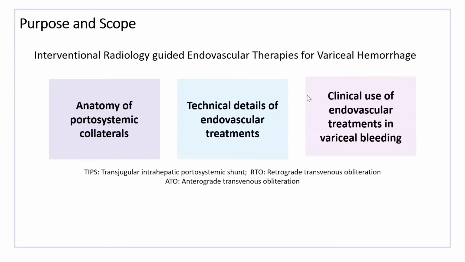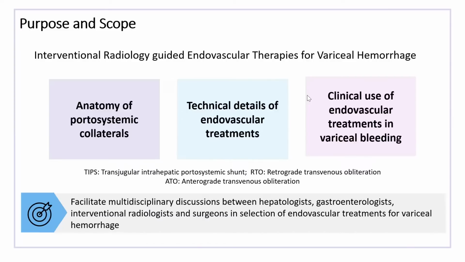And then we will discuss the clinical use of endovascular treatments in variceal bleeding. The ultimate goal of this presentation is to facilitate multidisciplinary discussions between hepatologists, gastroenterologists, interventional radiologists, and surgeons in selection of endovascular treatments for variceal hemorrhage.